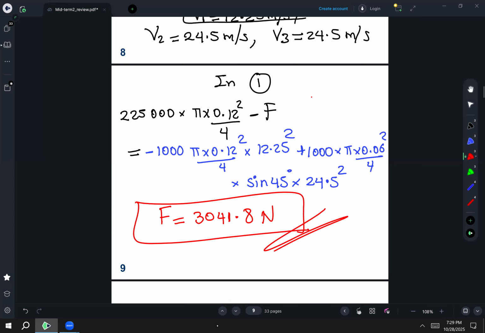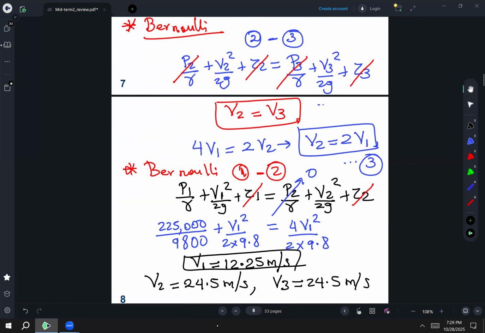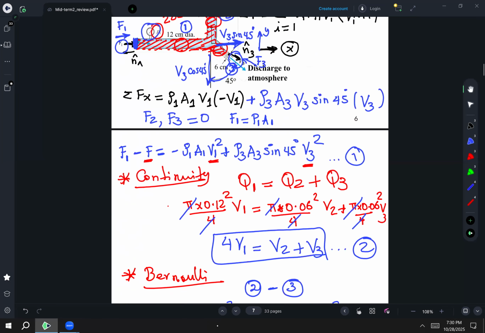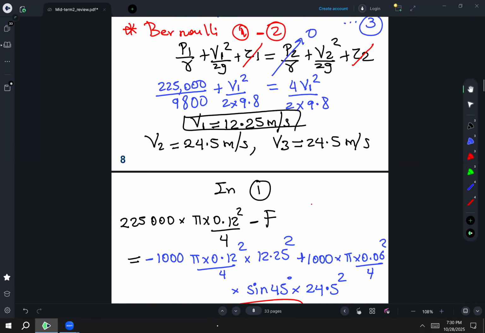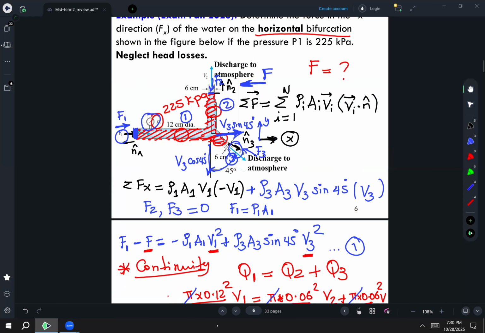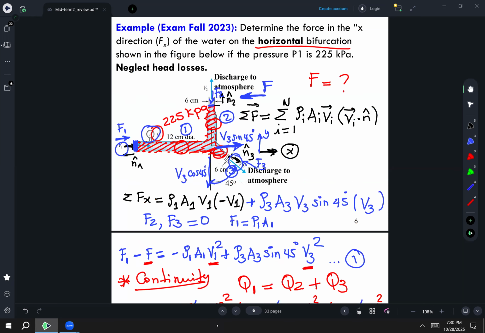Okay, so we should mention that the value of F is positive. The value of F is positive. So this means that the direction of the reaction we have assumed is correct. So F, the reaction of the pipe towards the control volume, is to the left.